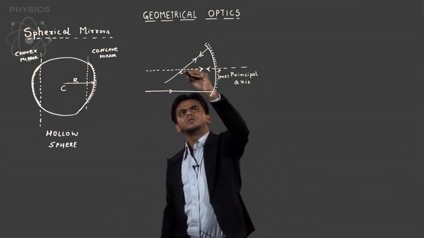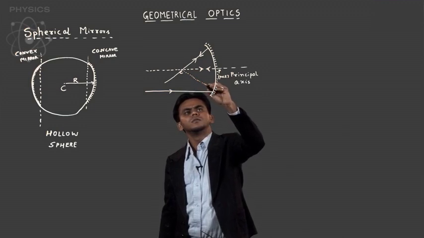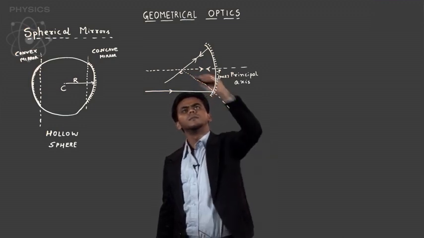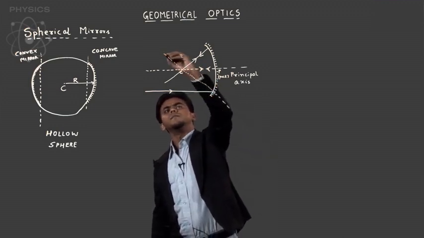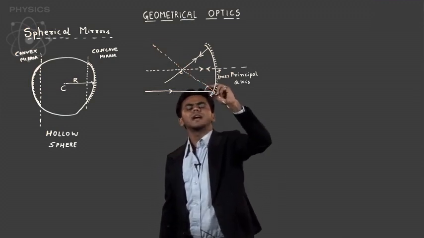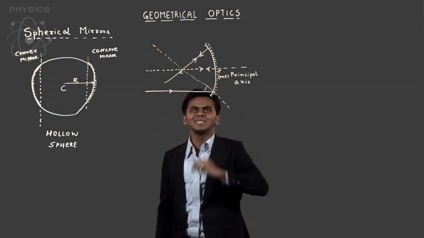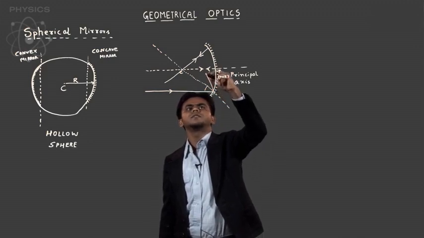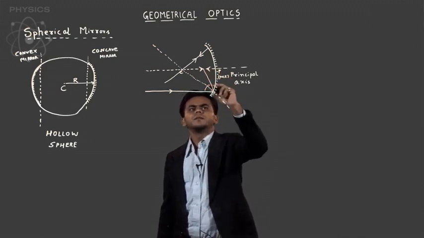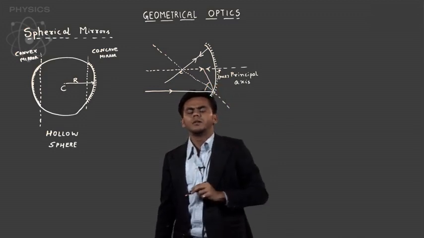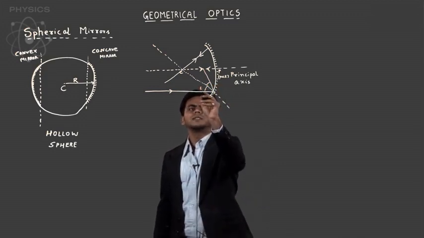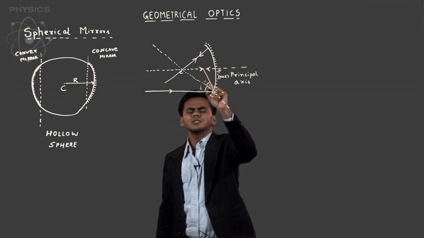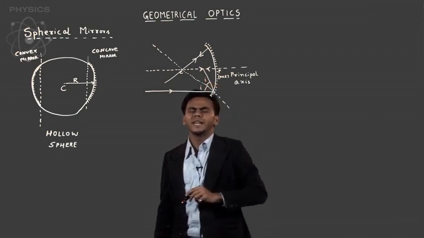So this is your normal, which means this angle becomes your angle of incidence, and similarly angle of reflection would also have the same value. This is your angle of reflection. So if I take this as I, even this is also I, right?